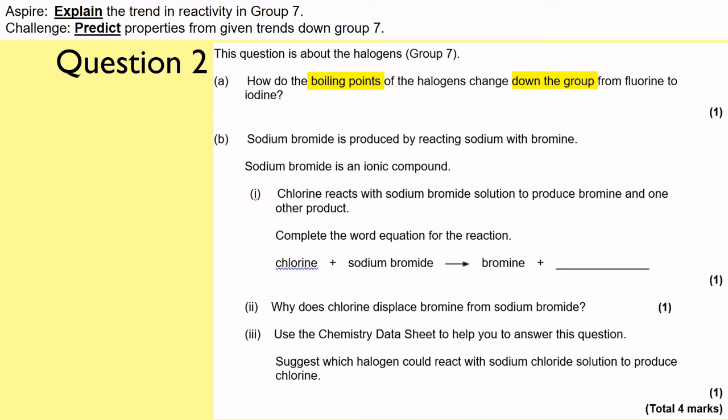Chlorine reacts with sodium bromide solution to produce bromine and one other product. They want you to complete that word equation. Then why does chlorine displace bromine from sodium bromide? And then they want you to use your data sheet to help you with this, so a periodic table. They want you to suggest which halogen could react with sodium chloride to produce chlorine.